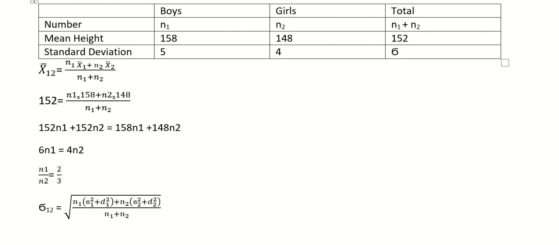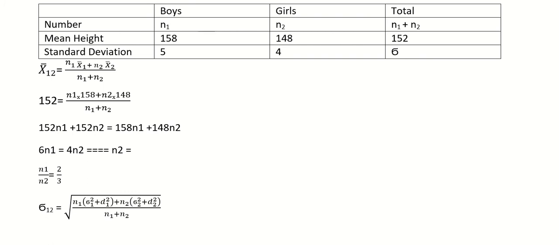So one more thing we can do from here, I can also find the value of n1 or n2. So what I'm doing here, I am going to find the value of n2 from this equation. So n2 equals 6 by 4, 6 n1 by 4, right? I'm cross multiplying basically.